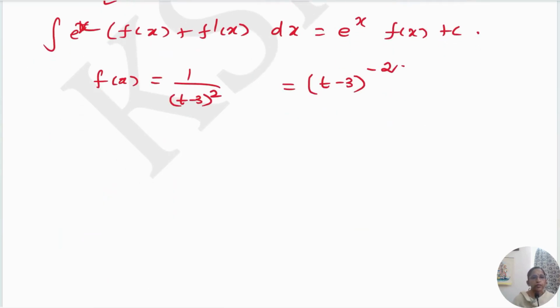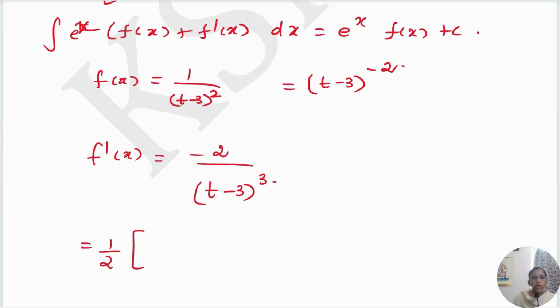So f dash of x will be minus 2 divided by (t minus 3) to the power 3. So this will be equal to 1 by 2 times f of x value. The f of x value is 1 by (t minus 3) to the power 2, into e power t plus c.